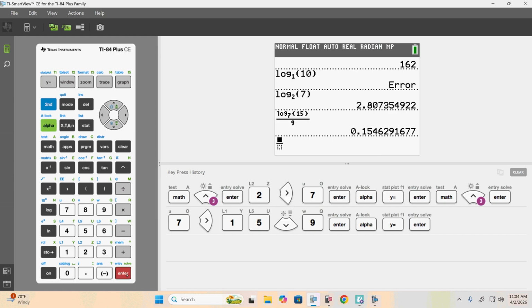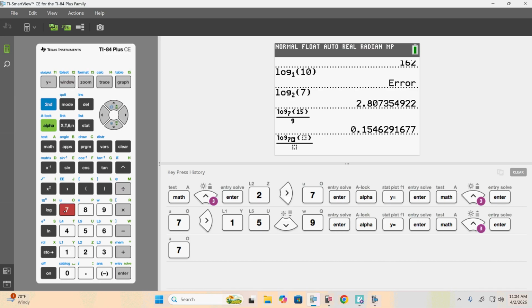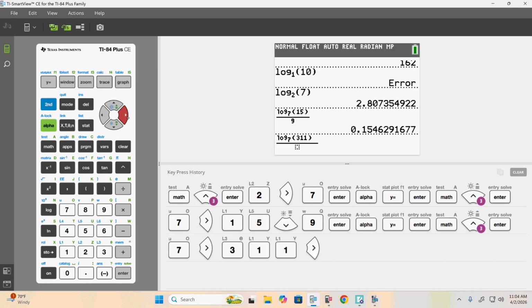Alpha y equals enter. Okay, 7. Make sure it's log base 5. I would have messed that up. Enter. Alpha y equals enter.